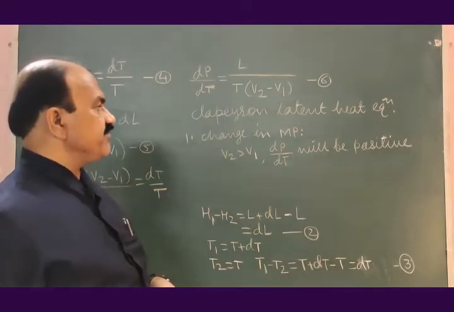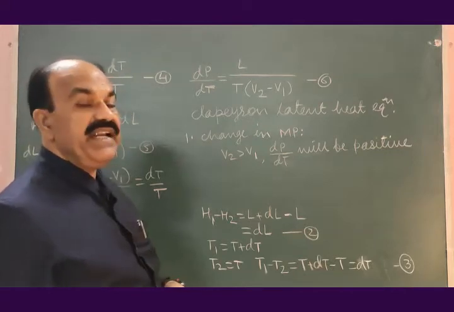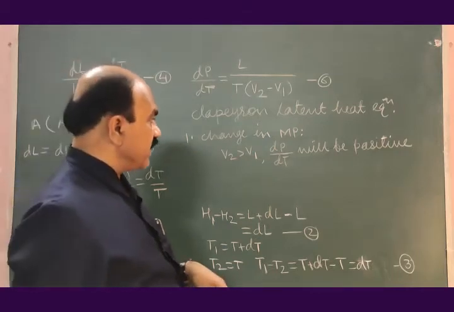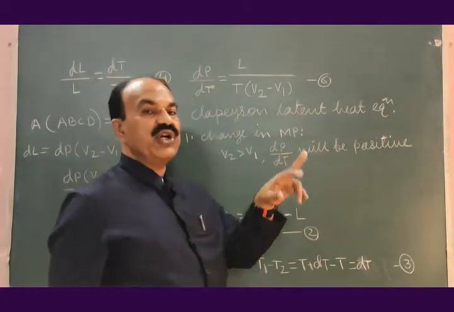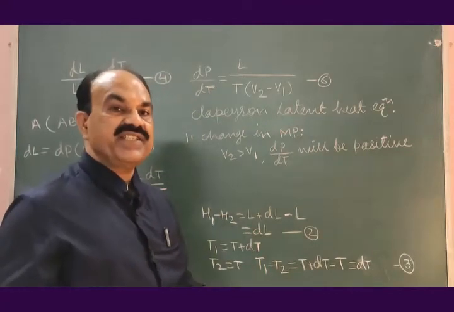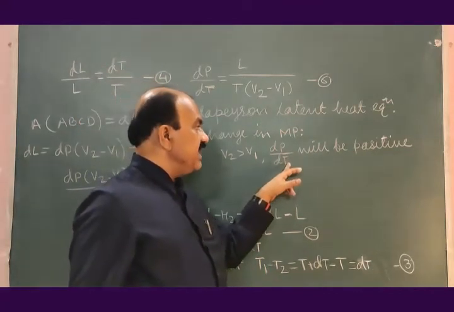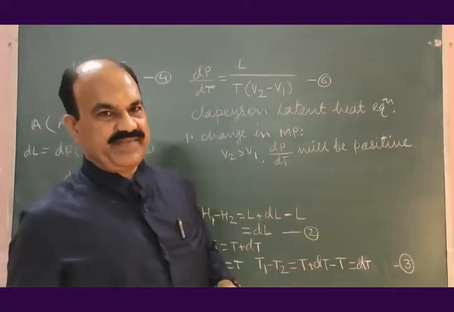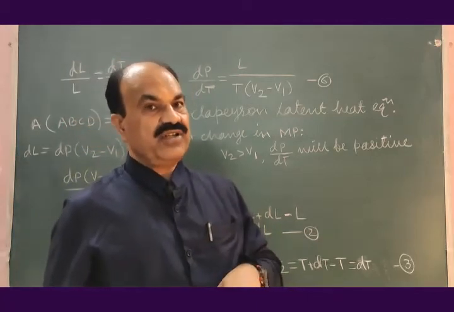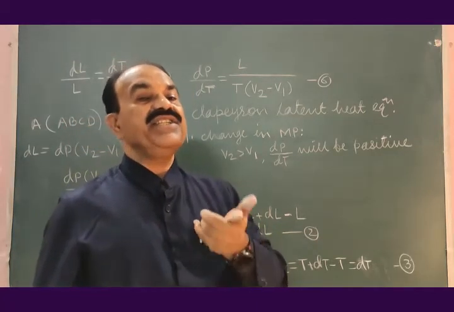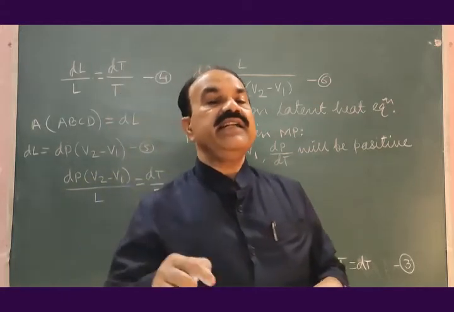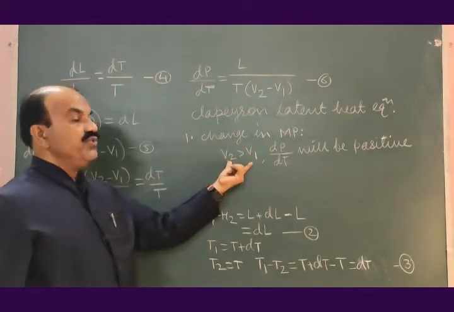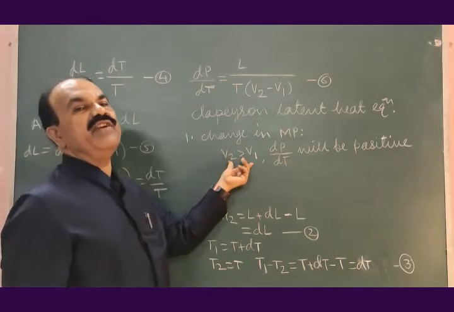What does this mean? dp by dt is positive, it means that if pressure of a solid is increased, its melting point temperature also increases, provided that V2 should be greater than V1.